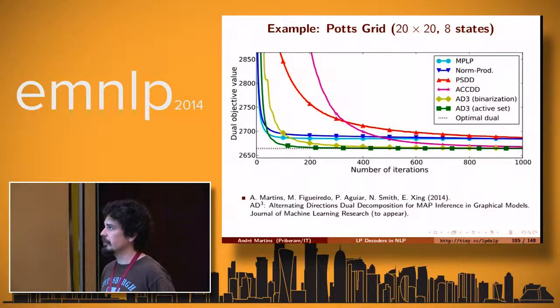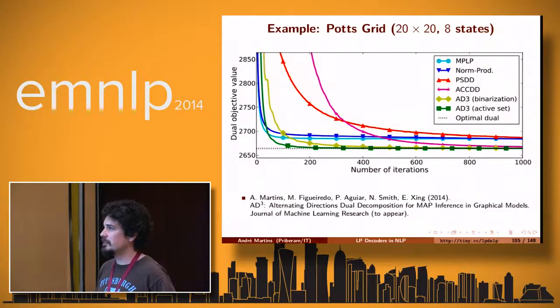So there are some message passing algorithms, these first two. This is the subgradient algorithm, this is the accelerated dual decomposition. And the last two are AD-cubed using the active set method, the method that I have described here, and AD-cubed by transforming the graph to binarize it, something that we did not discuss.